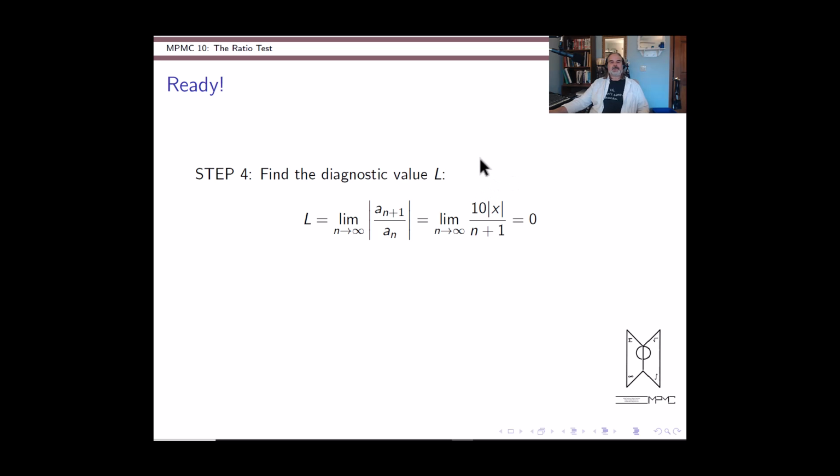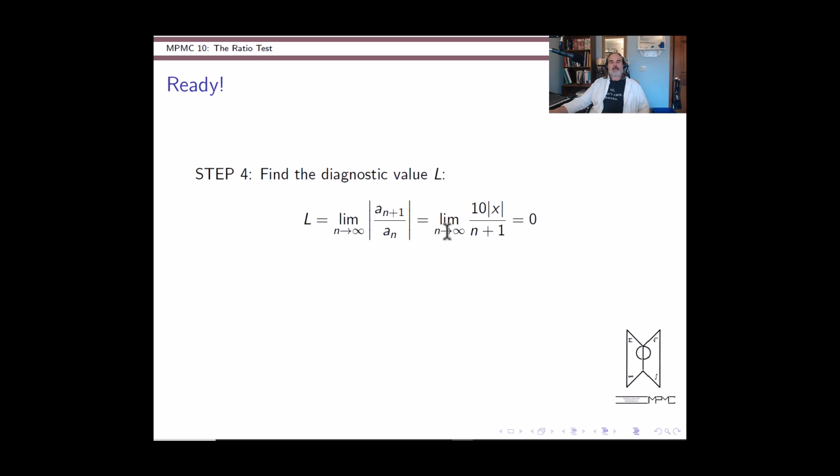So now we ask, what's the diagnostic value L? Well, we take this 10 absolute x over n plus 1, and ask for the limit as n goes to infinity. x could be really, really big, but it would still be a constant.